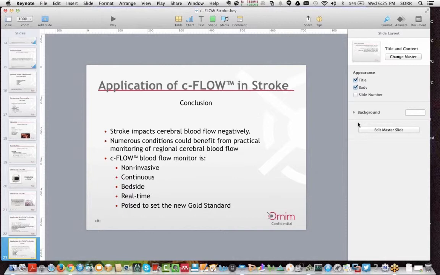And being a regional monitor, it is highly sensitive to changes in blood flow in the region. So from a certain point of view, if you're monitoring in a patient with known cardioembolism, it's feasible to think that if new embolism occurs in the territory you're monitoring, you may actually be able to capture that, which could be a warning sign for you to act on rapidly.